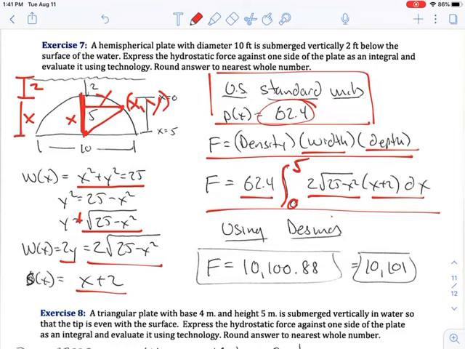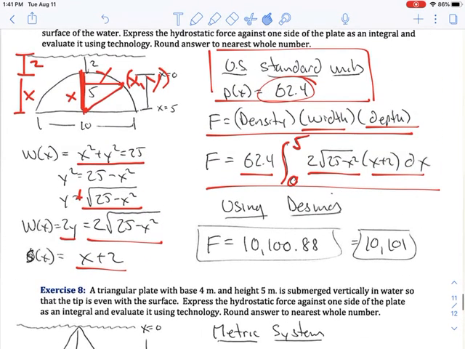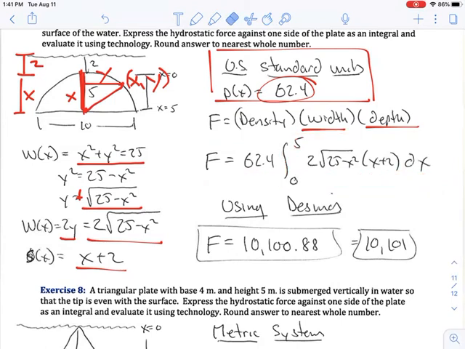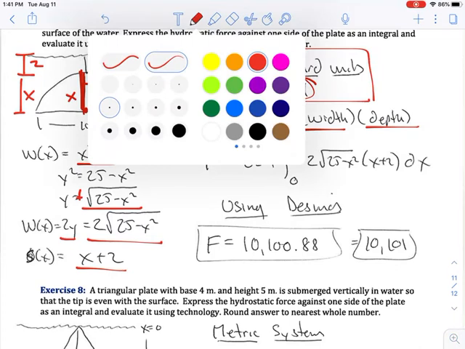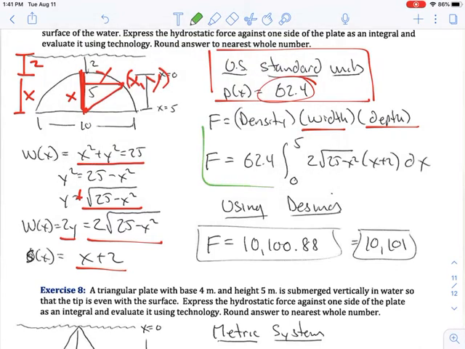But right now, just put that integral into Desmos, just like that. Don't simplify it or do anything else. Just put it in there. You should end up with 10,100.88, which is 10,101 because it says round to the nearest whole number for some reason. So that's what you do.